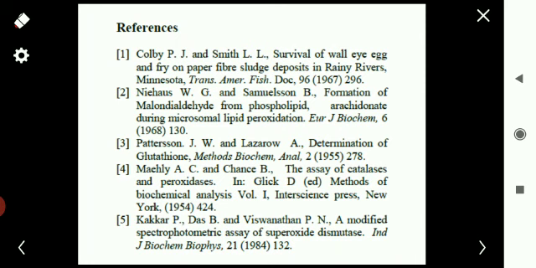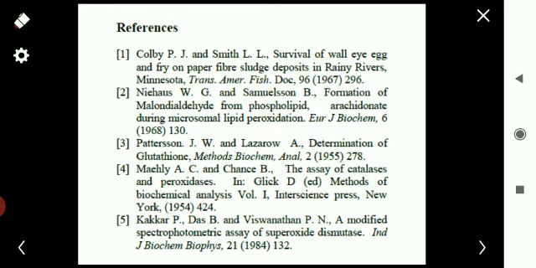Then this is another journal. This is another international journal. This is another one. In such a way, references are added in a research paper.